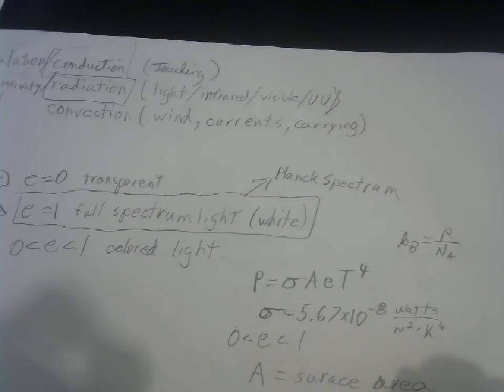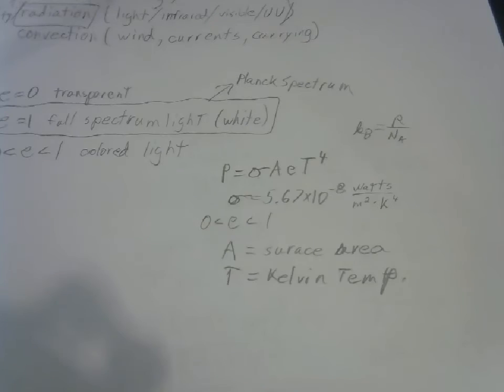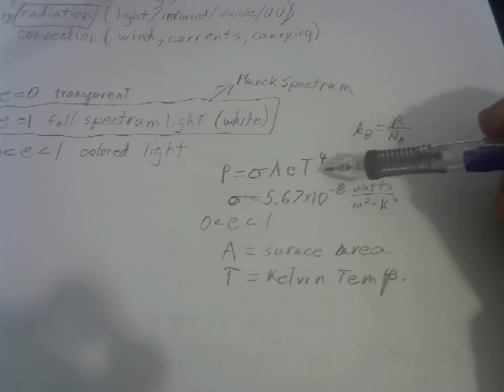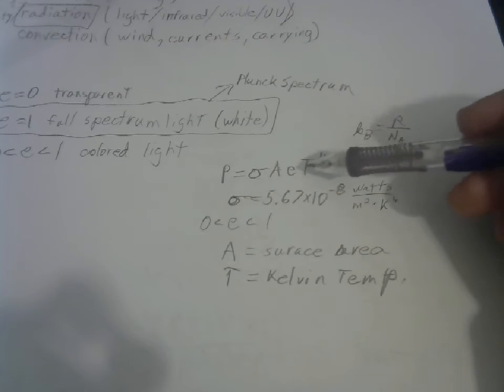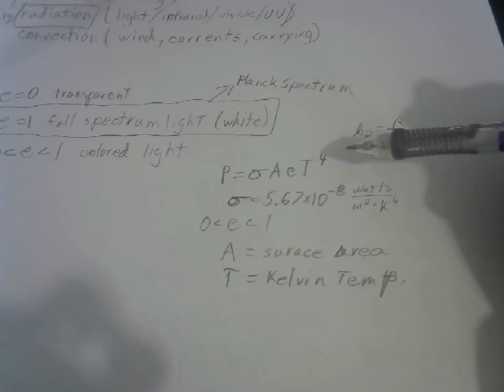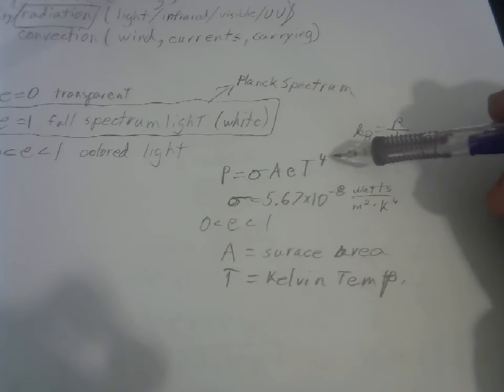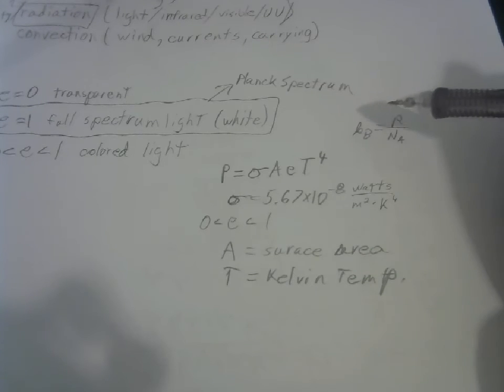And so one area where I've seen this applied is considering the temperature of the sun. The surface temperature of the sun is, I think, usually regarded to be somewhere around 6,000 Kelvin. So you take 6,000 to the 4th power, which is just an ungodly huge number.